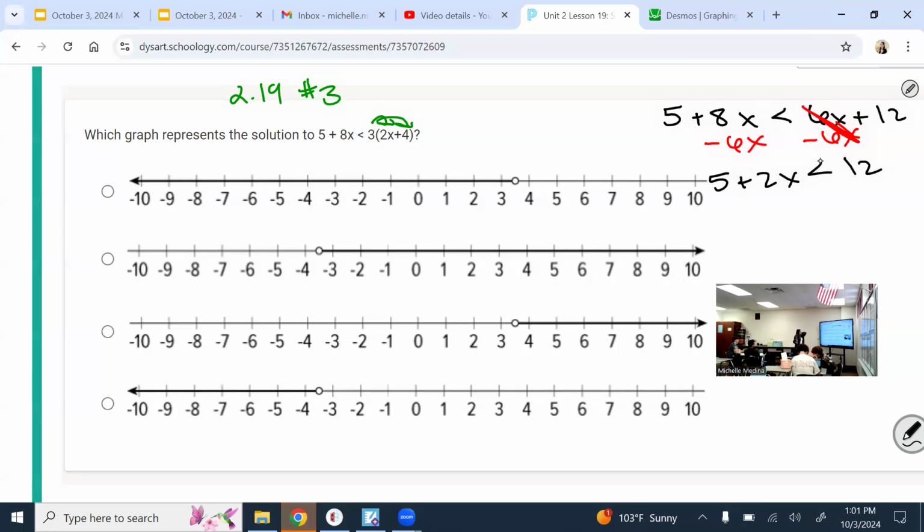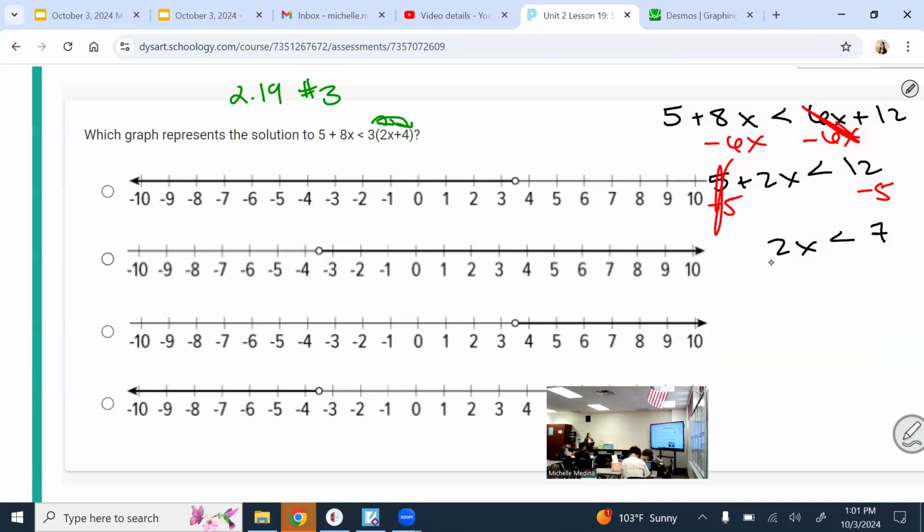Look at what's being done to the x and start with what's farther. How would I cancel out that 5? Whatever you put on one side. I get 2x greater than 12 minus 5. The opposite of multiplying by 2 is dividing by 2, on both sides. And I did not have to flip the sign.